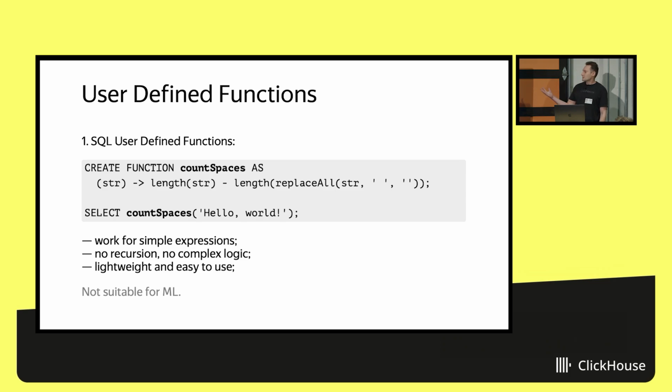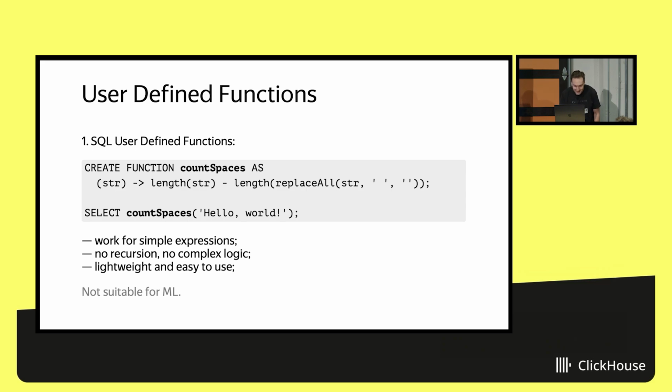It can only reuse other functions, so these functions can be created as simple expressions. And if you use these functions as usual, they work. It is quite limited. There is no recursion, no loops, no complex logic, but they are lightweight and easy to use. The problem: I cannot use these functions for AI, and I want to do some AI.